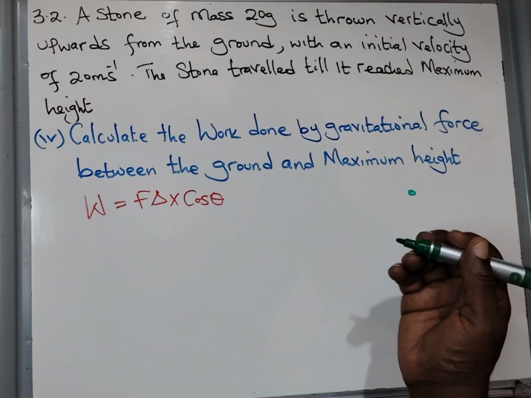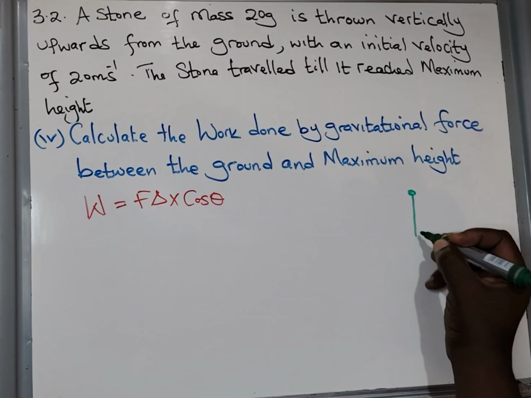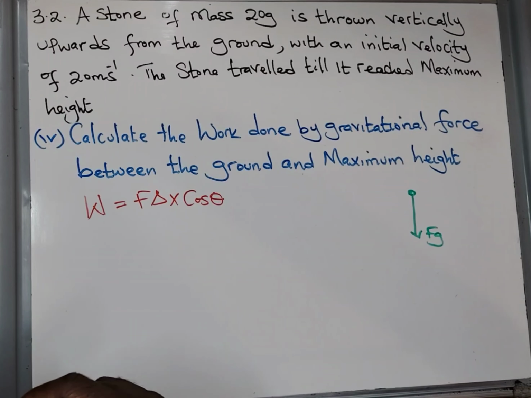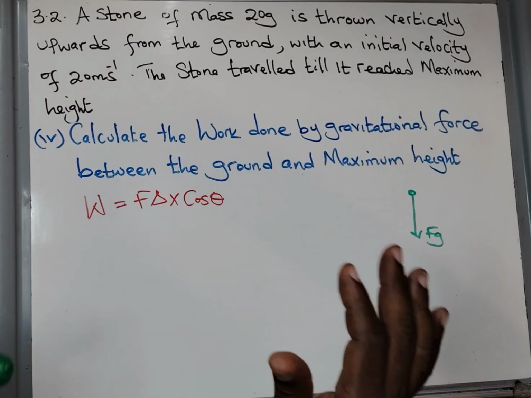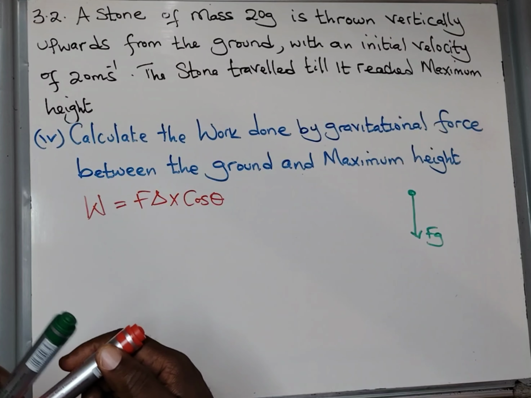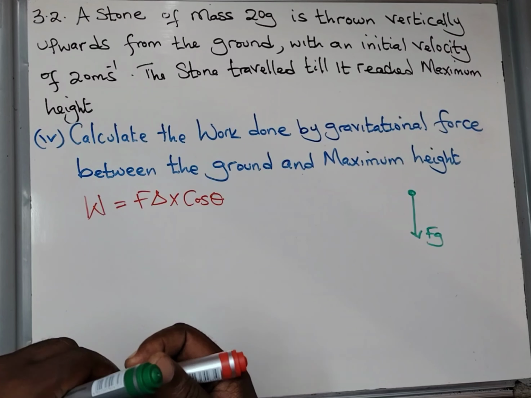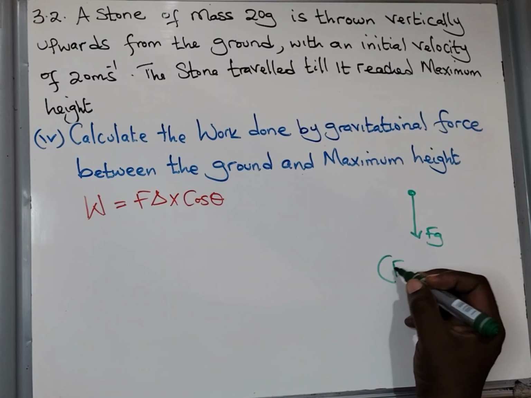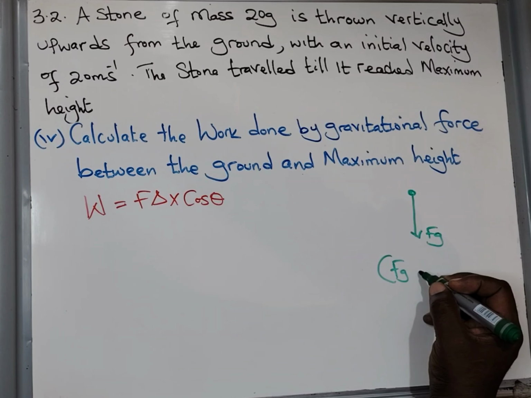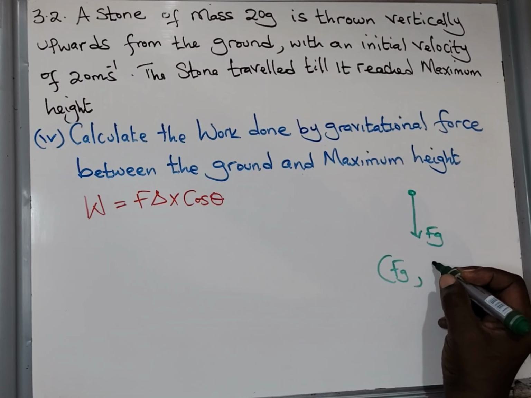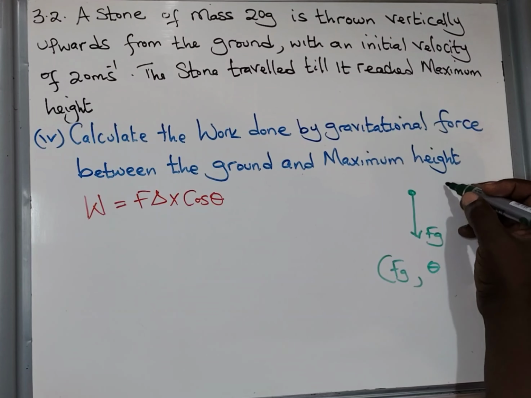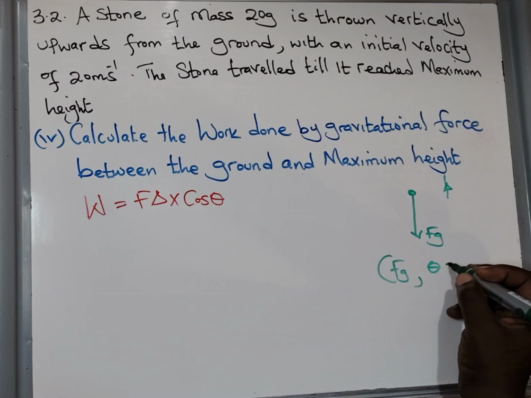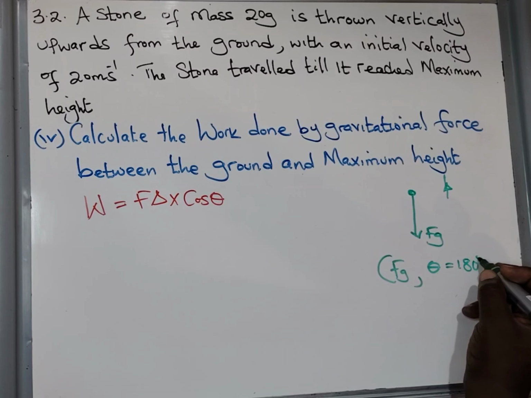Whereas our stone is going upwards, it has only one force which is acting on it, and that force is gravitational force. There's no other force, otherwise it would have been mentioned here. So it means that our force of consideration is gravitational force. It means that the angle between our gravitational force and displacement, because the body is going upwards, is 180 degrees.